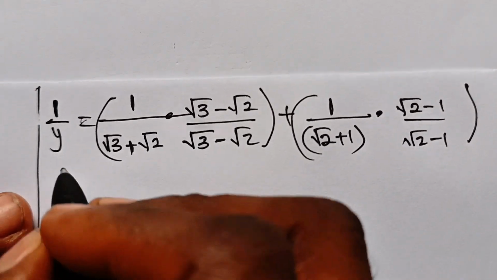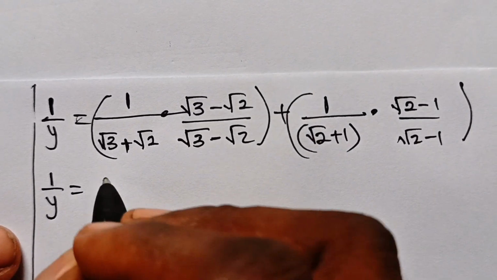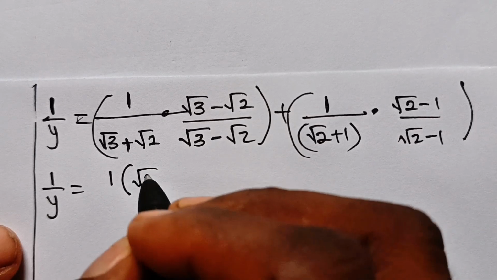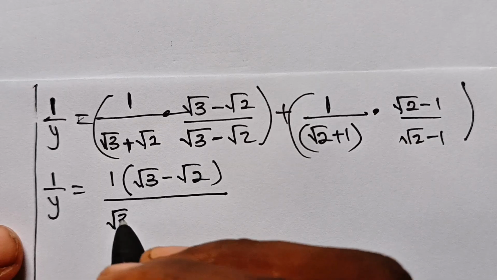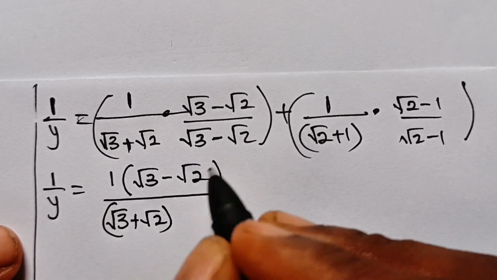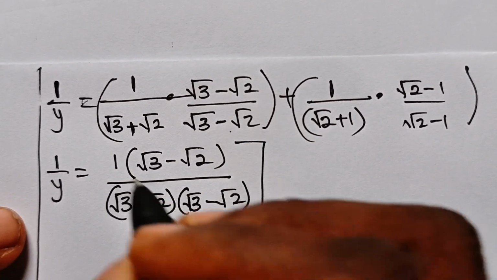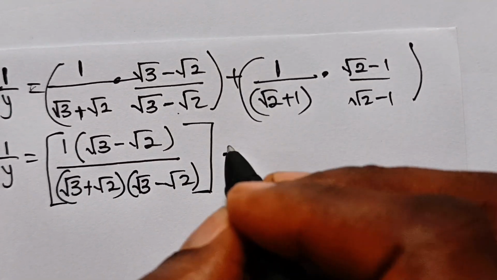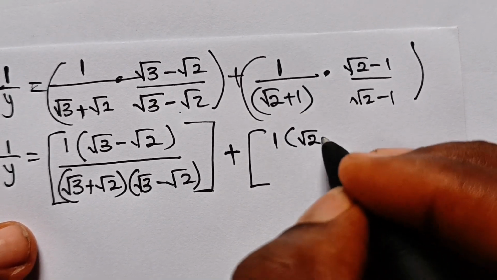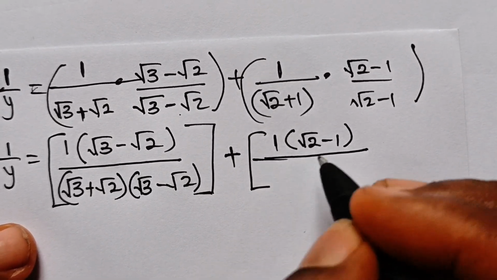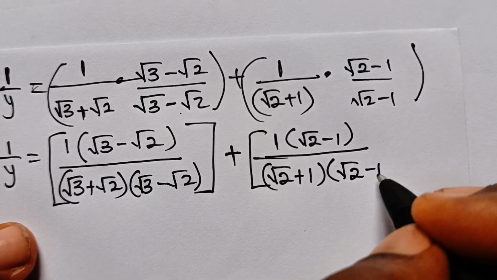Okay, all right. So now we have 1 over y is equal to 1 multiplied by root 3 minus root 2 divided by root 3 plus root 2 multiplied by root 3 minus root 2. Okay, now the whole of this plus, this will give us 1 multiplied by root 2 minus 1 divided by root 2 plus 1 multiplied by root 2 minus 1.